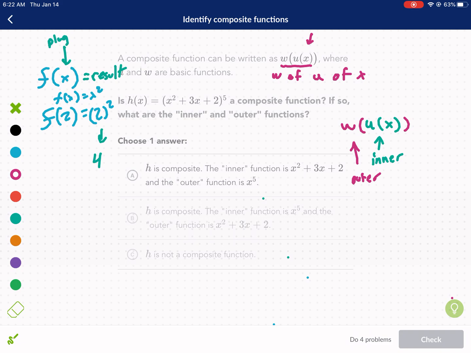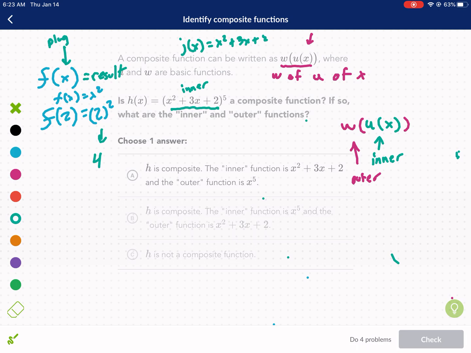Now it says here h is composite. For option A, the inner function is x squared plus 3x plus 2, and the outer function is x to the fifth power. That would make sense because notice how we have our inner function here. We could call that j of x, equal to x squared plus 3x plus 2.